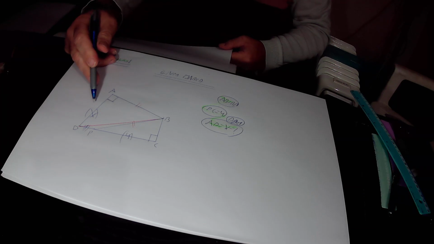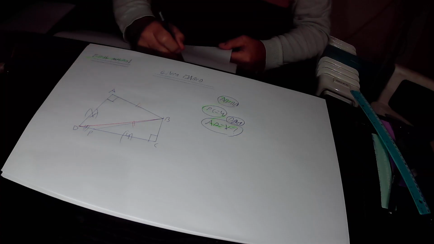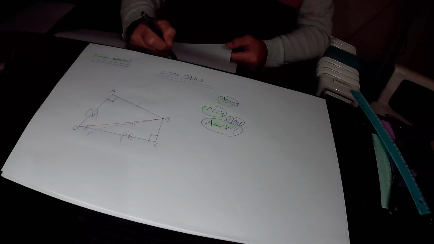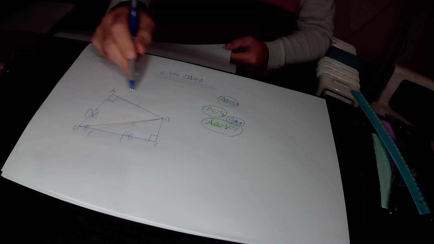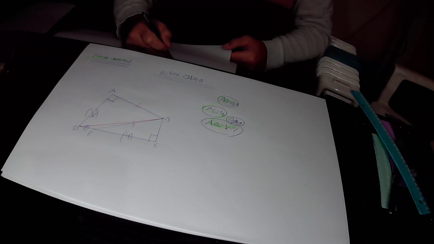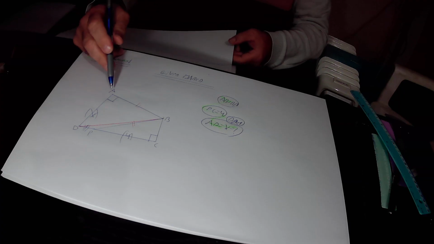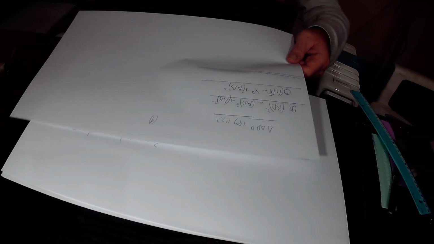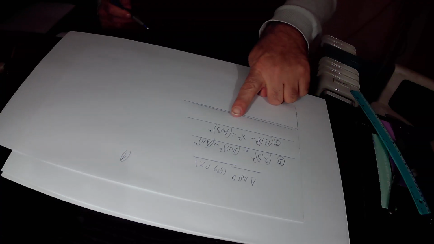AD equals x, and therefore AD square equals x square, plus AB square. So, according to the Pythagoras theorem, in this right triangle ABD, BD square equals x square plus AB square.